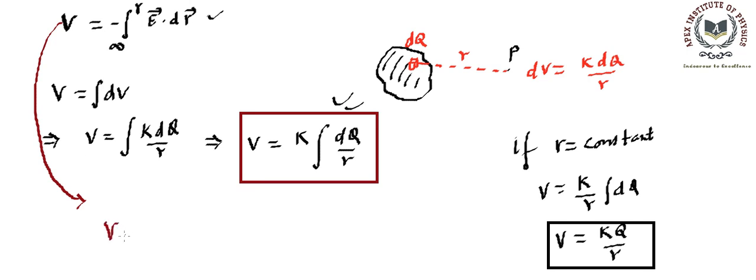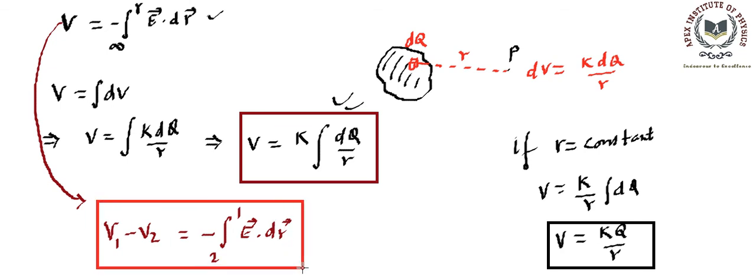Let's say this is V of point 1 minus V of point 2, which is going to be minus the integration from point 2 to point 1 of E dot dr. What we have done here is take our reference to be any general point 2 instead of having that reference at infinity. So this becomes an even more general expression.